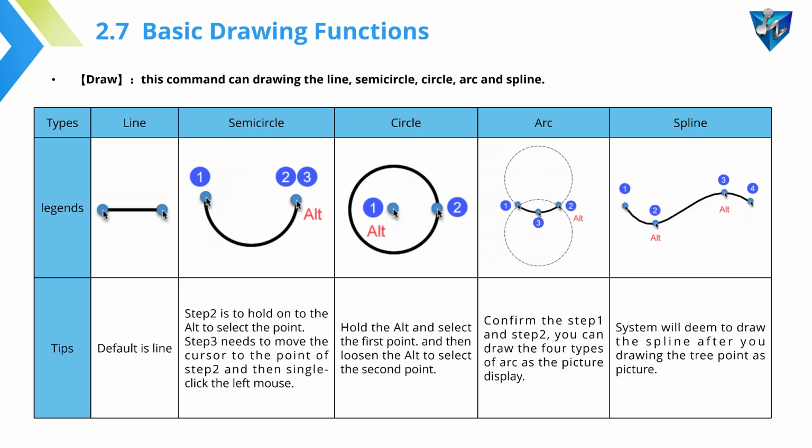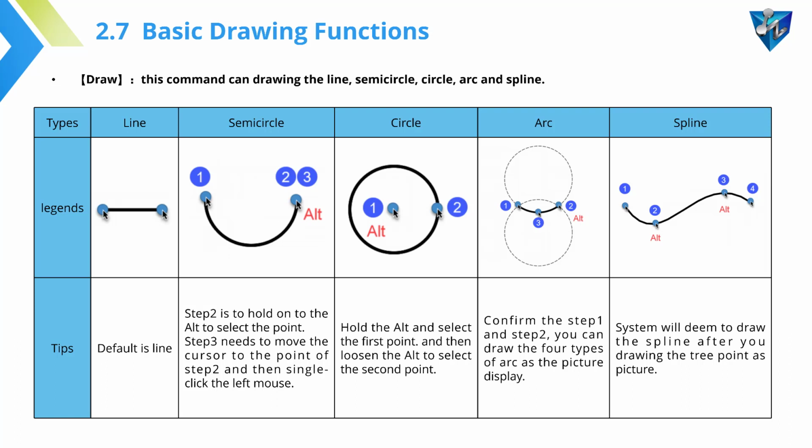If you want to create a semicircle, click the mouse to select the first point, and then press Alt on the keyboard, and click to select the second point. After that, loosen Alt and select the second point again. You will create a semicircle.